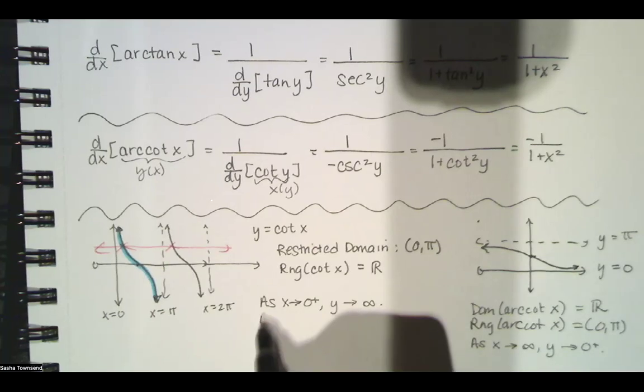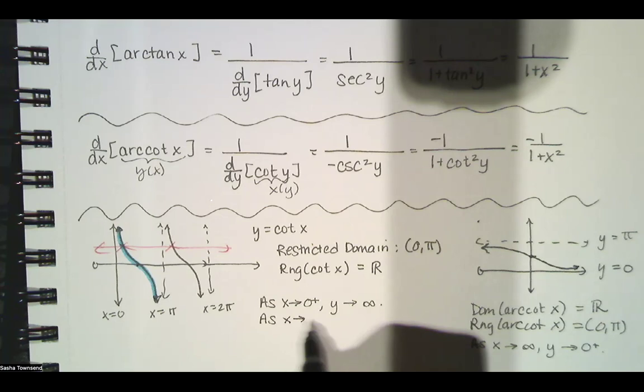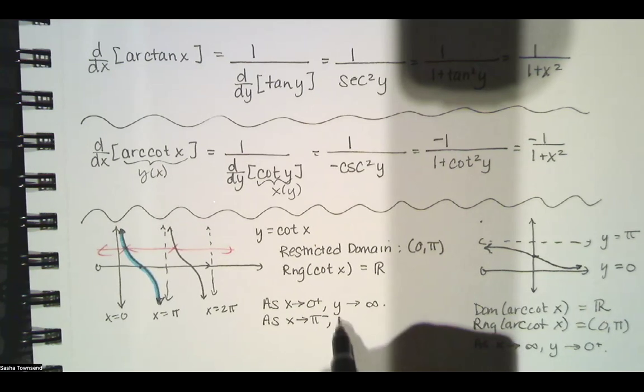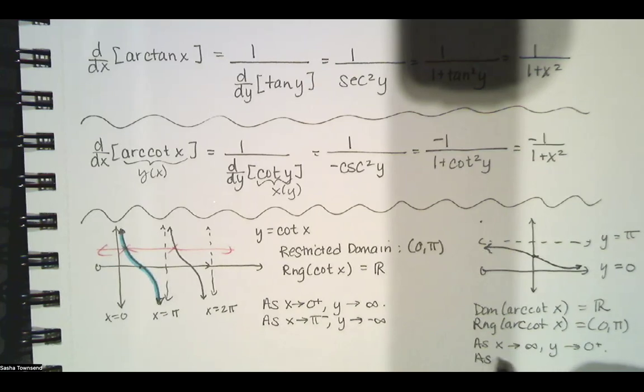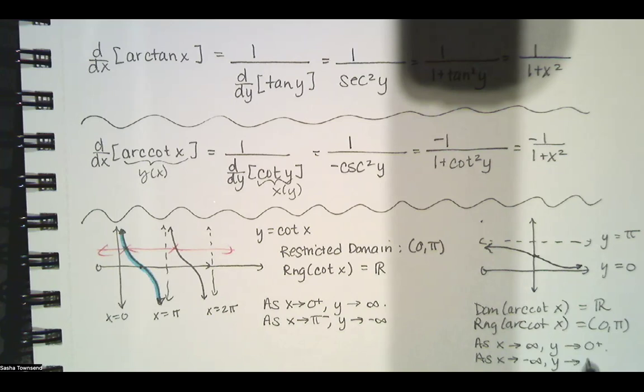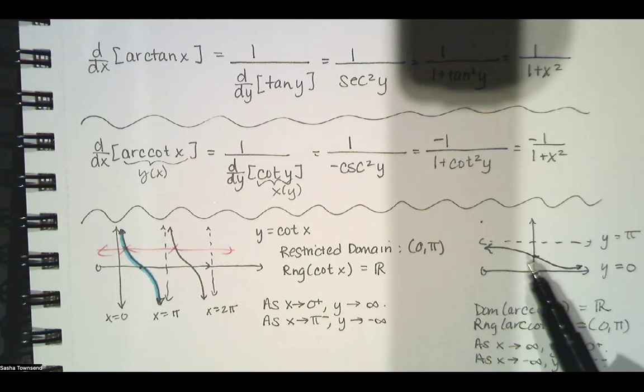And here I said as x approaches pi from the left, y goes to negative infinity. So as x goes to negative infinity, y approaches pi from sort of below. Now this looks a little weird. We're not used to writing from the right or from the left when we're talking about the range variable.